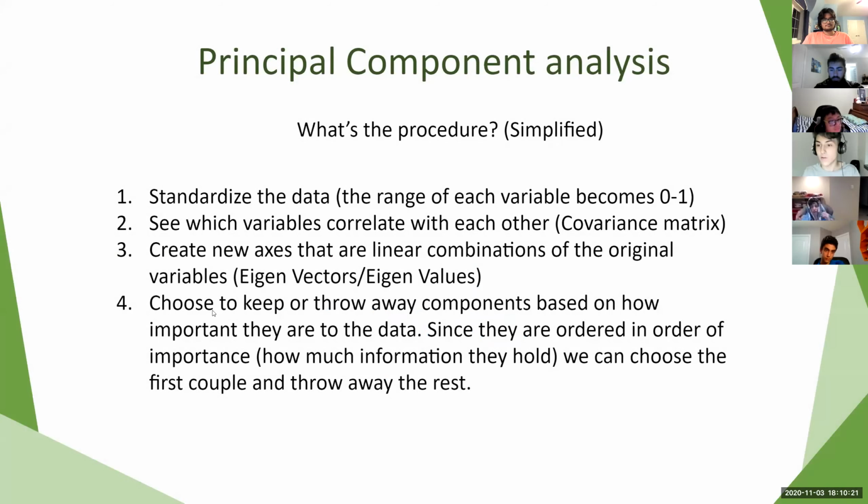And then after we created all of those axes, we end up, say for a 14-dimensional data set, with 14 different axes, except the thing with PCA is the first axes will always have more information than the rest. So the first one has more information than the second one, which has more information than the third one, which holds more information than the next one.